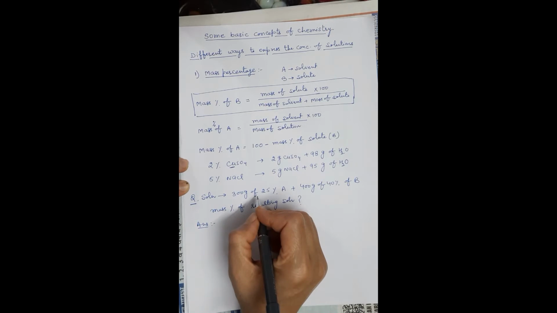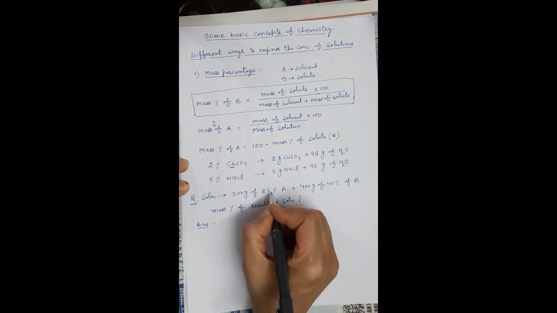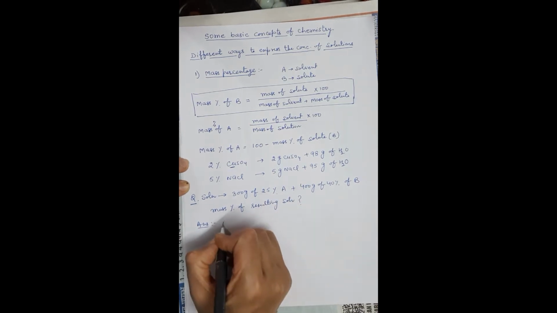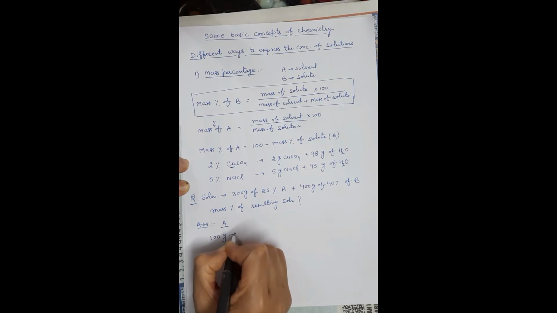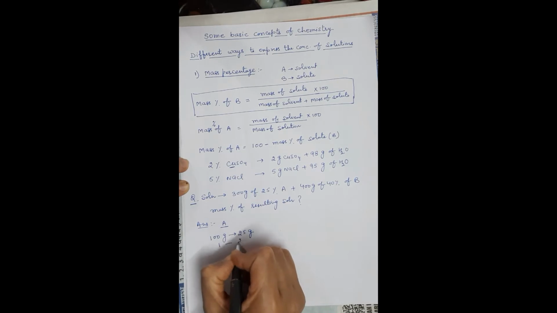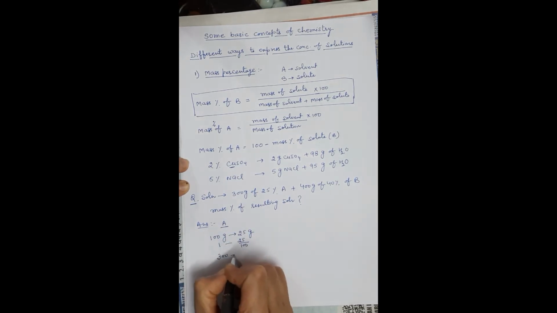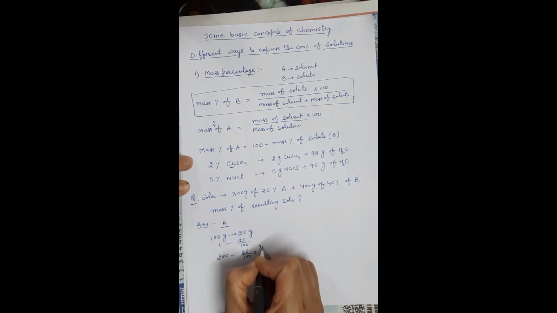First of all, find out the amount of A and B in grams. They are saying 25% of A. It means for A, in 100 grams, how much A is there? 25 grams. In 1, it is 25 by 100. And in 300 grams, it is 25 by 100 into 300.